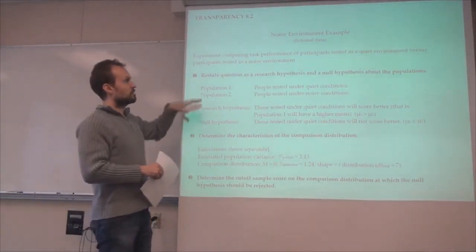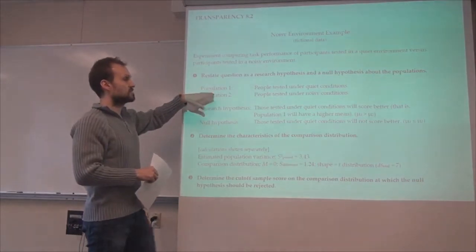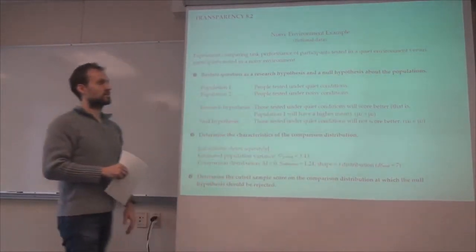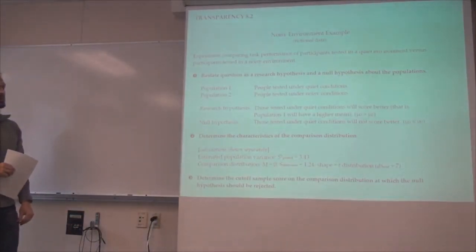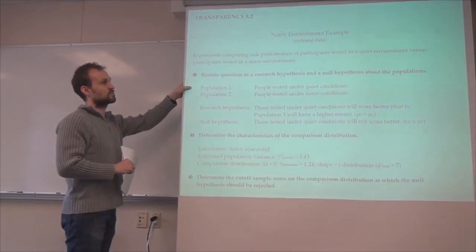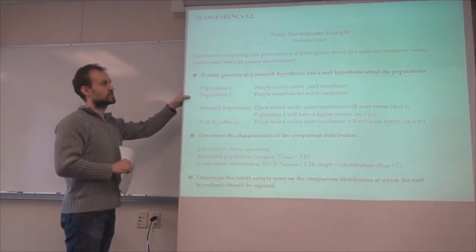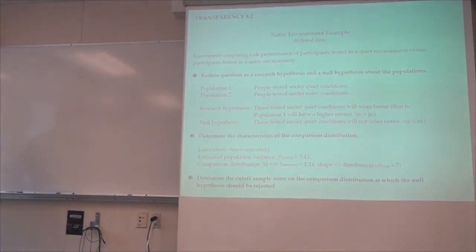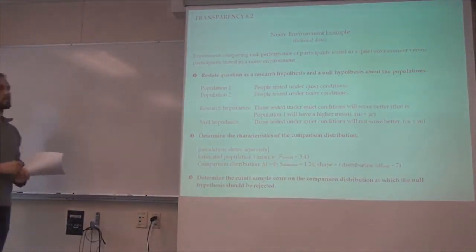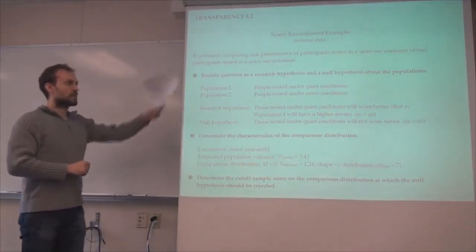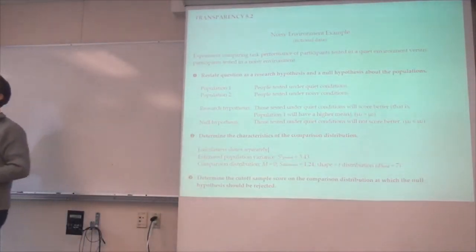In other words, population 1's mean is greater than the mean of population 2. So the mean in quiet conditions is greater than the mean in noisy conditions. And then the null hypothesis is that it's not. That people in the quiet conditions don't perform better. Everyone happy with the setup? Setup should be familiar.